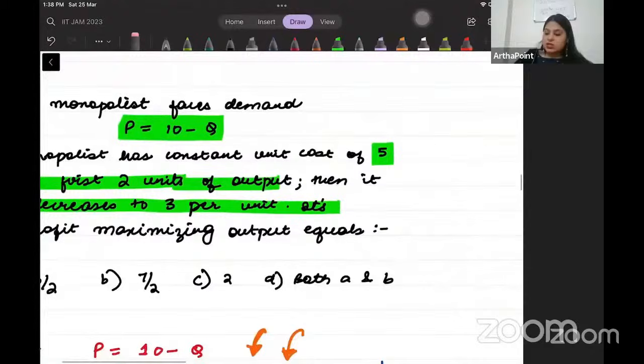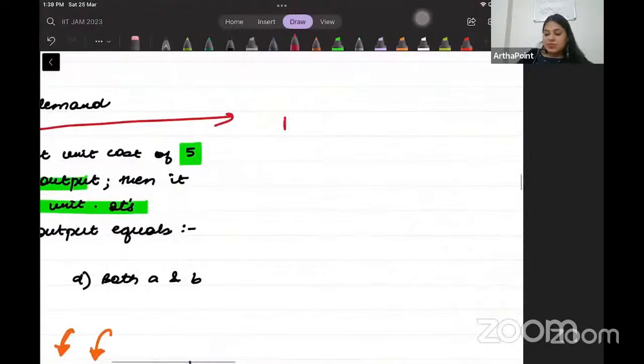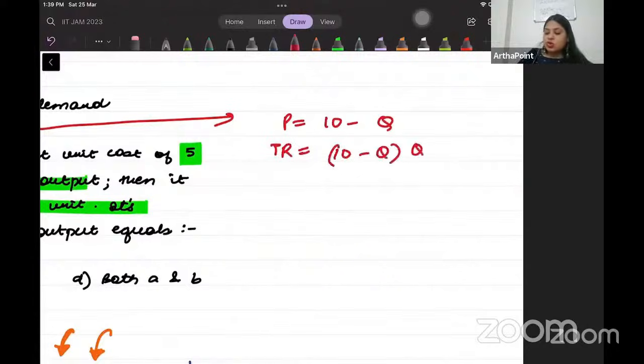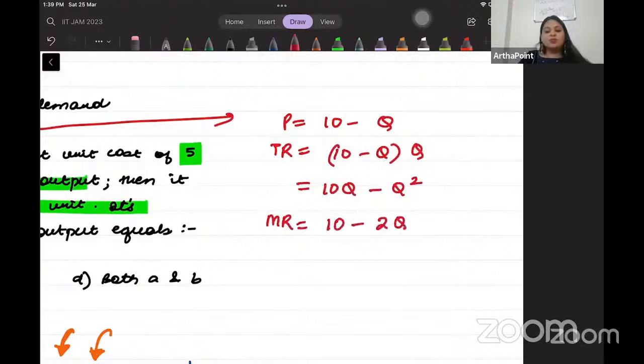So let's say that the demand curve is given to me as P is equal to 10 minus Q. Then my total revenue will be 10 minus Q into Q. This is going to be 10Q minus Q square, and my marginal revenue will be 10 minus 2Q.